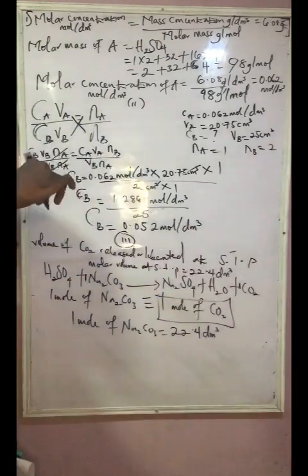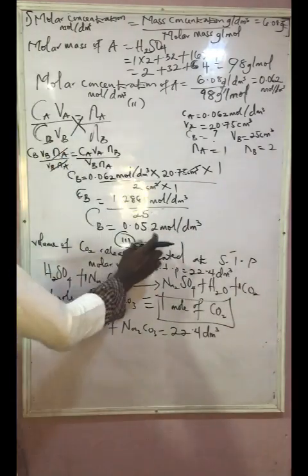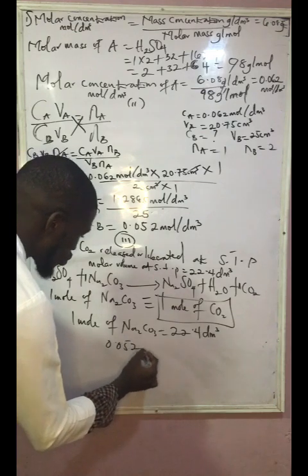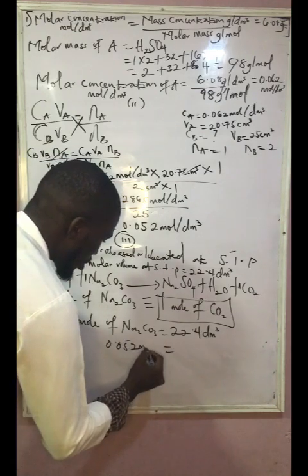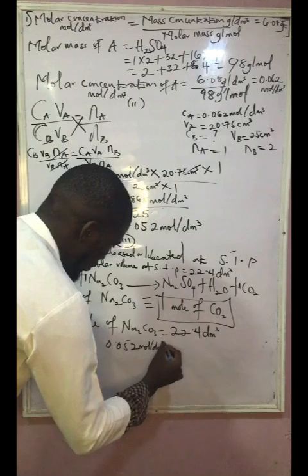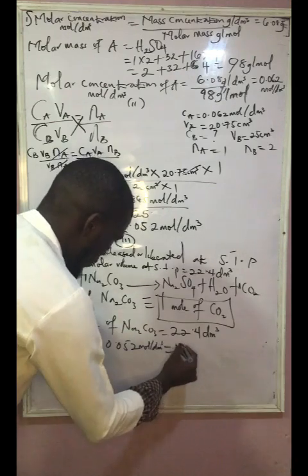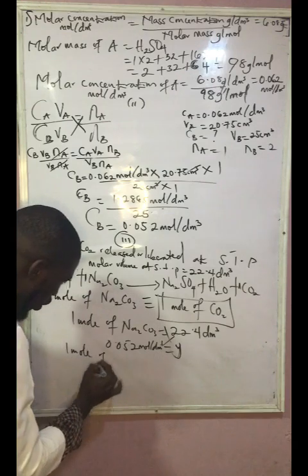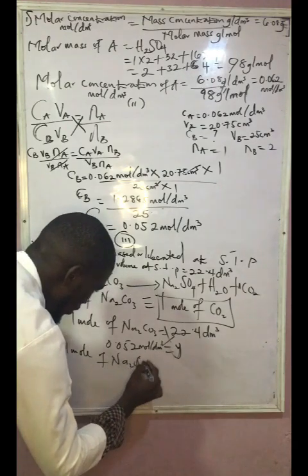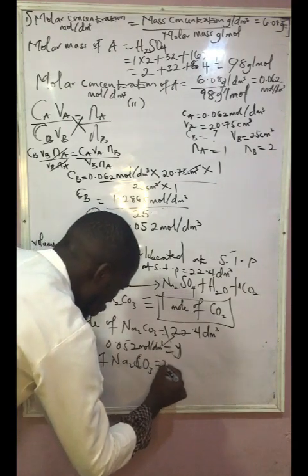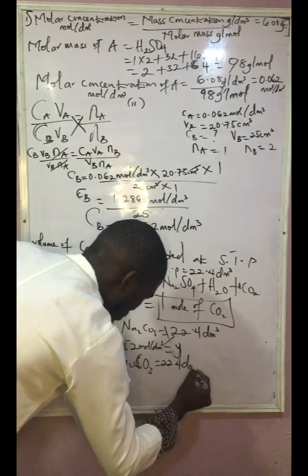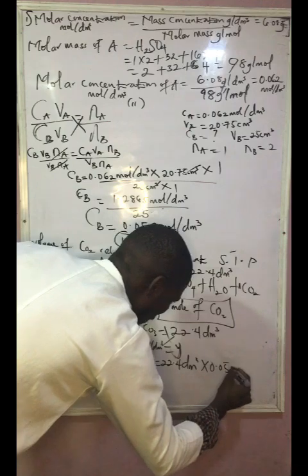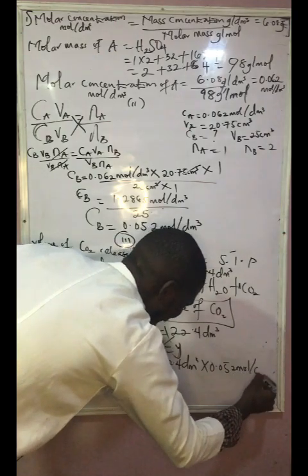So what is the concentration of the base given? This. So that will give us 0.052 mole per dm cube. Don't forget the unit. Well, when you cross multiply, you can say 1 mole of this equals 22.4 dm cube multiplied by 0.052 mole per dm cube.